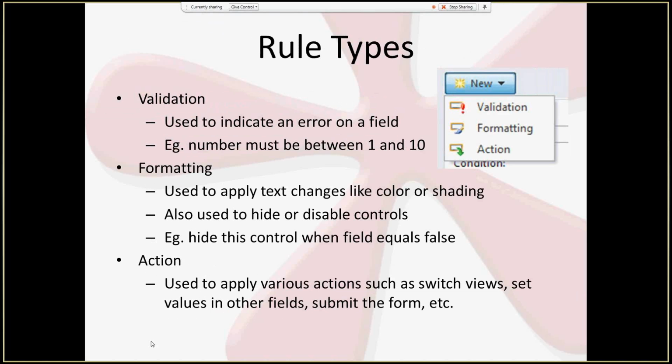So there are 3 different rule types, and I'll cover those right now, what the differences are, and when to use each of them. So we'll start off with validation. Basically, validation rules are used to indicate any customized errors on specific fields. There are out-of-box errors. For example, schema errors you're going to get for free.